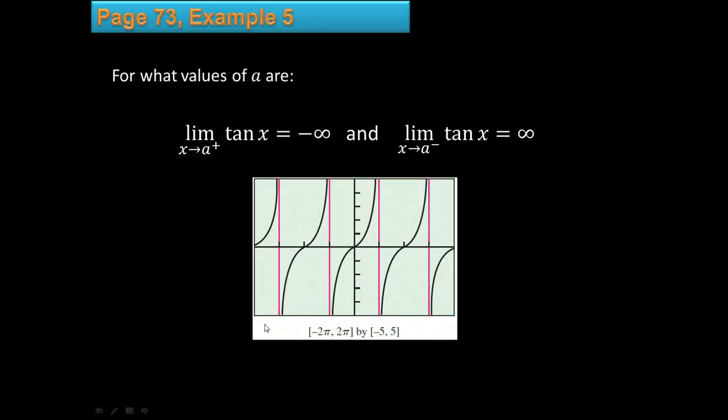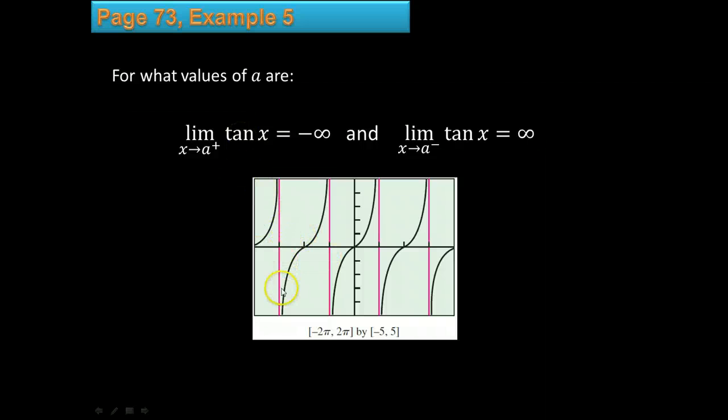Well, this is a picture of the tangent function's graph. Our window is negative 2 pi to 2 pi. Just to get your bearings, here we are at 0, so this would be negative pi, and this would be negative 2 pi, and then this would be pi and 2 pi here. So for what values of a, when we approach a from the right side, does our tangent run off to negative infinity?